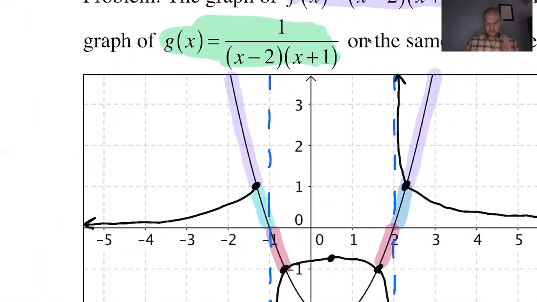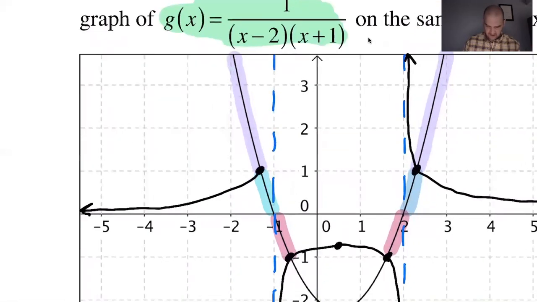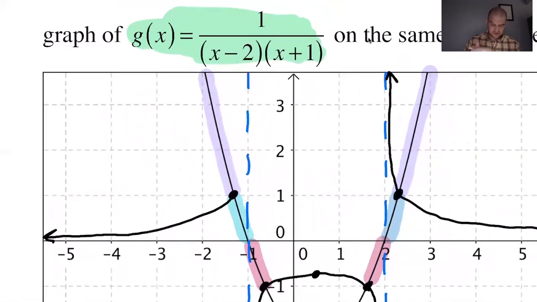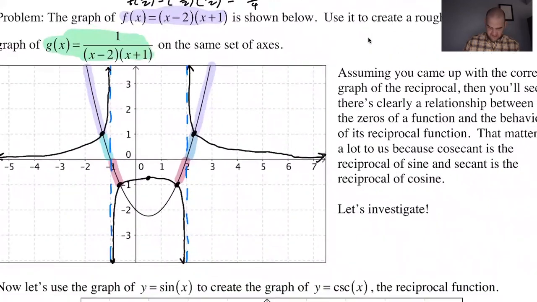We are approaching -1 from the left. Start at -2 and go toward -1. You're going to the right, but you're approaching from the left. The values are going toward 0 on the original graph, but through the positives, which means their reciprocals are going toward infinity. So they will go up like this. And this is a huge idea.